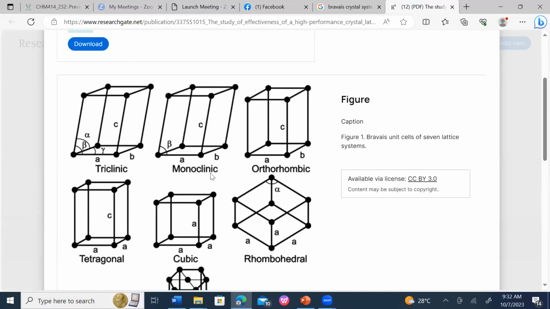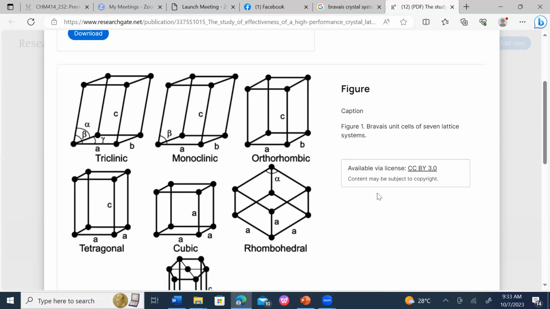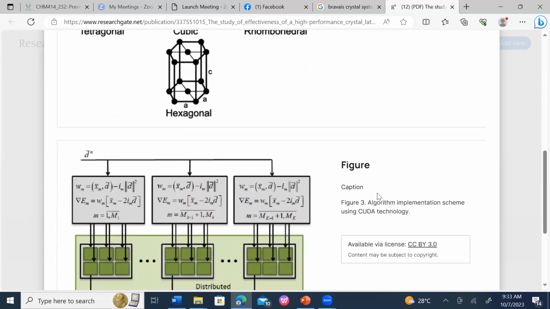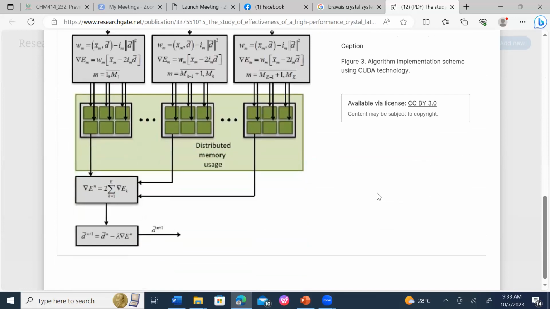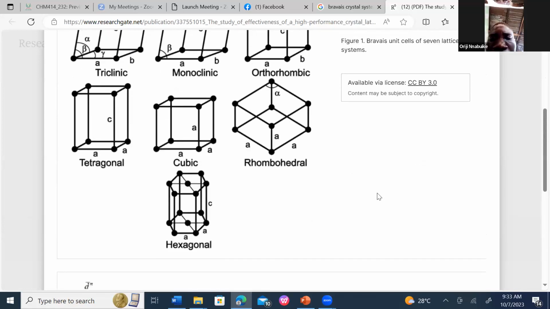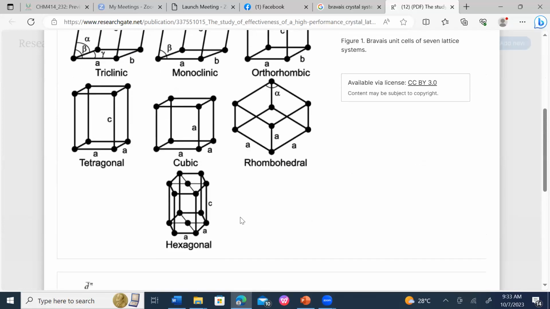When we have monoclinic, we have A, B, C, which means the three sides differ. When you have orthorhombic, you have that too, so the three sides differ. That is some of the sketch you can have for it. Looking at the hexagonal, two sides are equal and the other side is not equal.